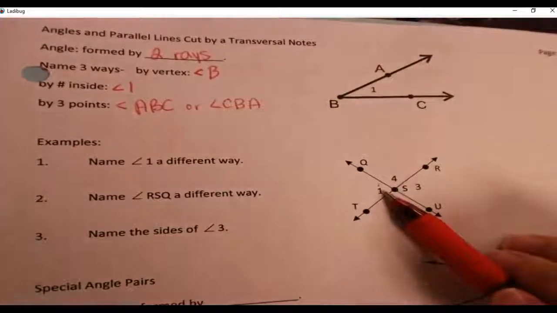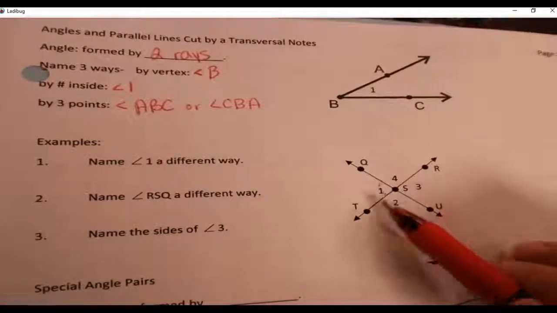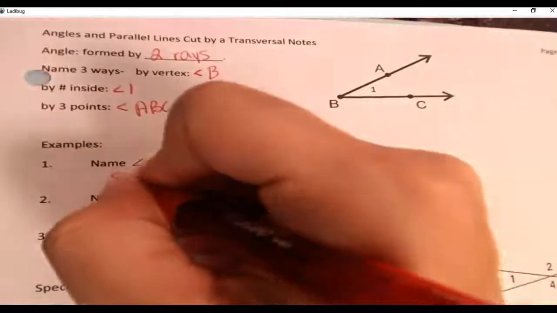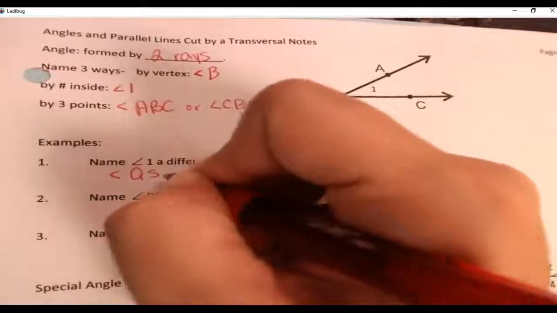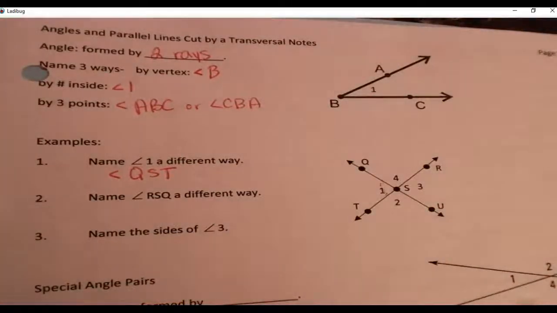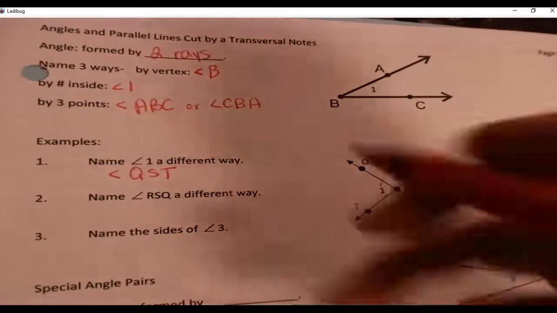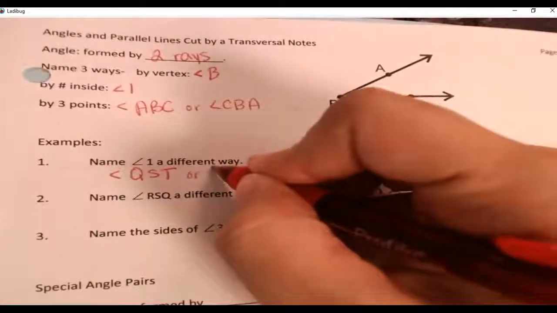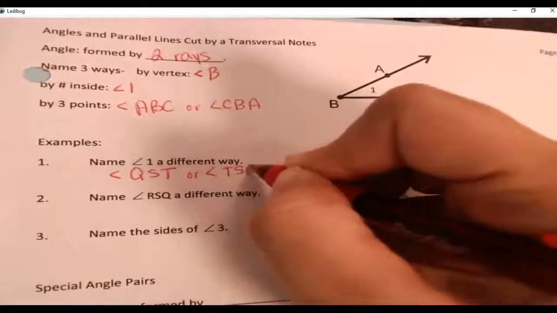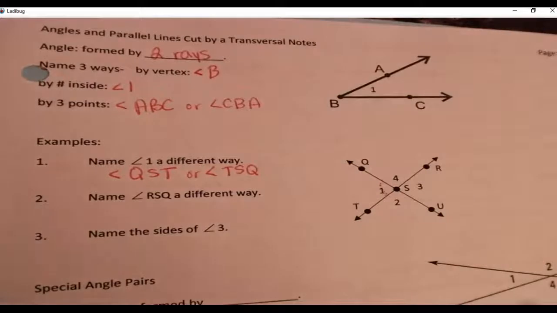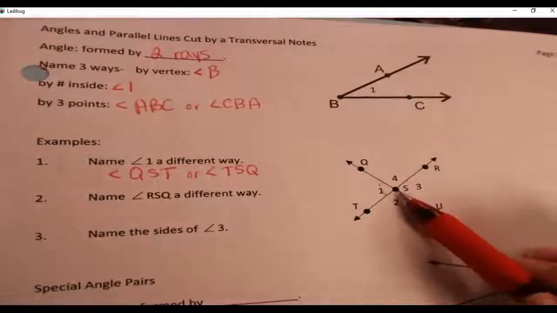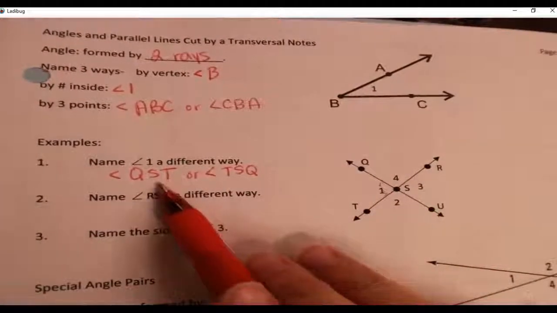So if I want to name this angle 1, I can say QST. Very good. Or what else could I call it? Good, TSQ. Either way is fine, as long as you have the S as your middle letter.